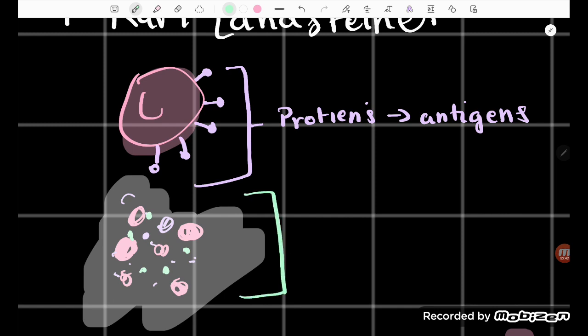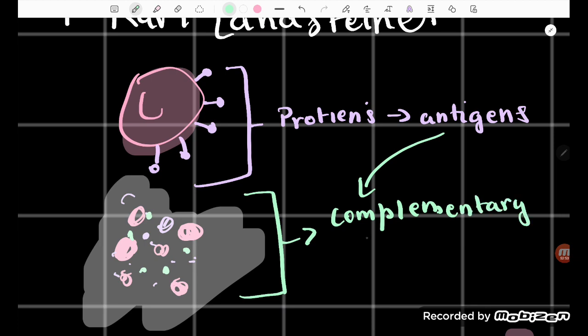These are complementary proteins. These are complementary to the antigen proteins, and he named these antibodies.